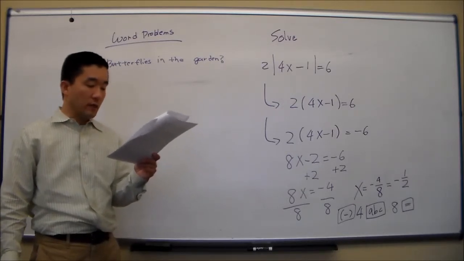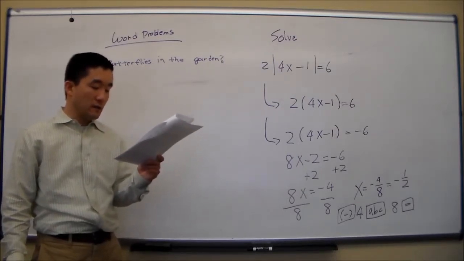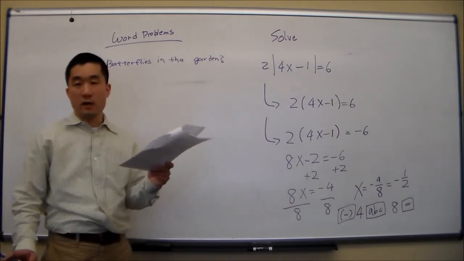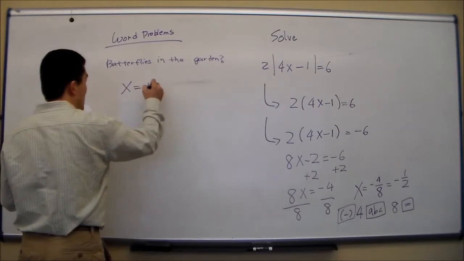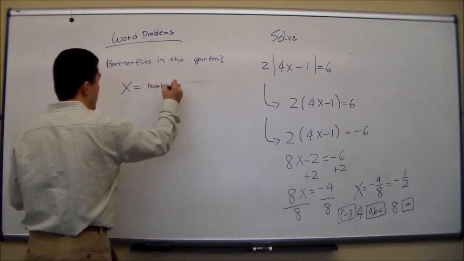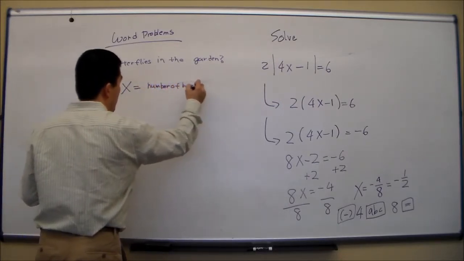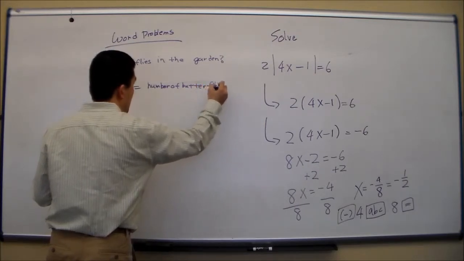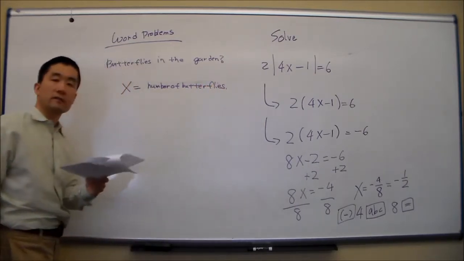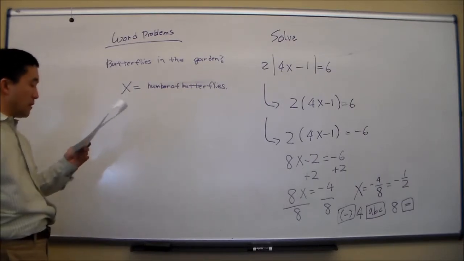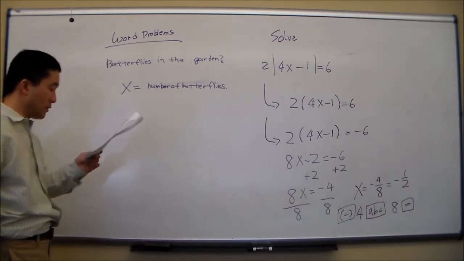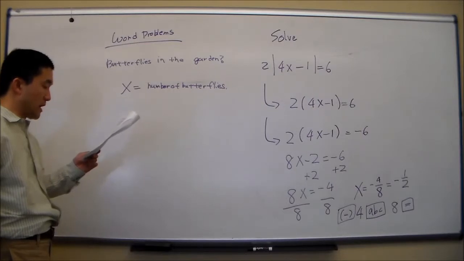So what's required at the end of the day is that you want to find the number of butterflies in the garden. So let's make that an x. So x is the number of butterflies. If I do that and then reread the problem, 1/5 of the number of butterflies in the garden are on the jasmines.